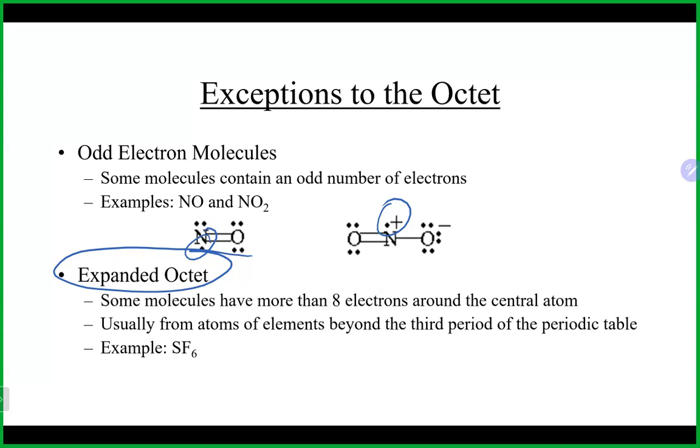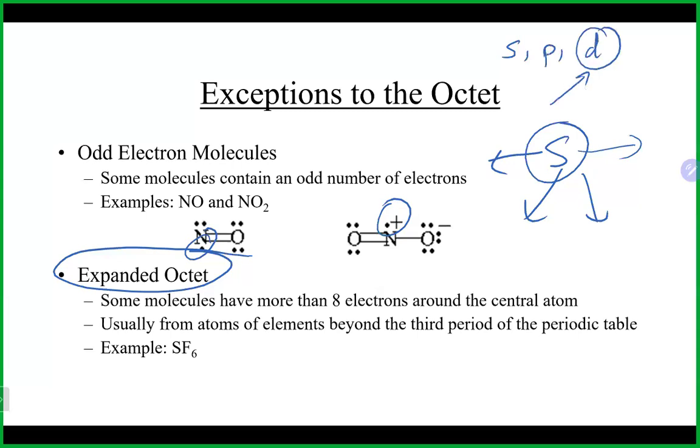Typically, if you look at the periodic table where sulfur is, and you go to the right, to the left, and down, they have the ability to go over 8. That is because where sulfur is located, they have what are referred to as d orbitals available to them. Although they may not be using those d orbitals, they have somewhere to stash all the extra electrons.